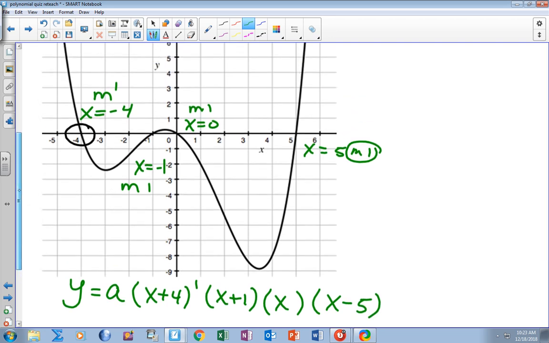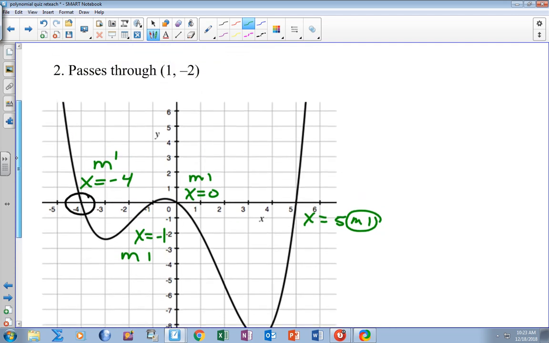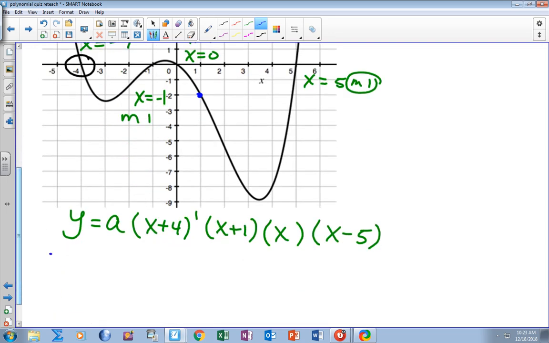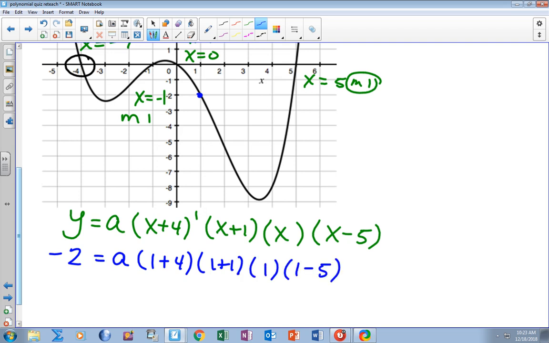Then we're going to use the point that they indicated. They gave us the point (1, -2), so they're using this point right here. We plug (1, -2) into the equation. So -2 equals a times (1 plus 4) times (1 plus 1) times 1 times (1 minus 5).